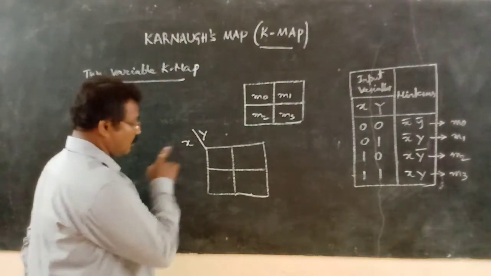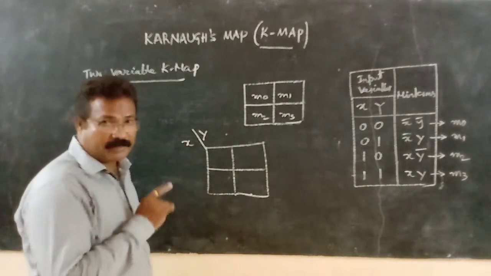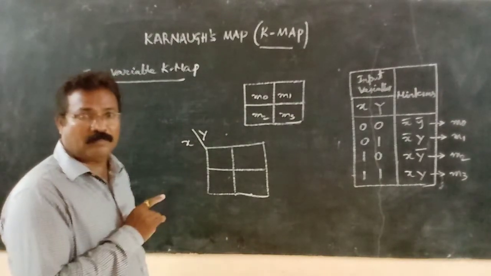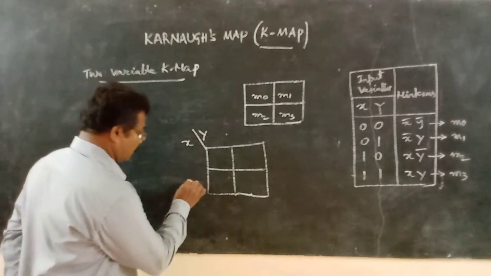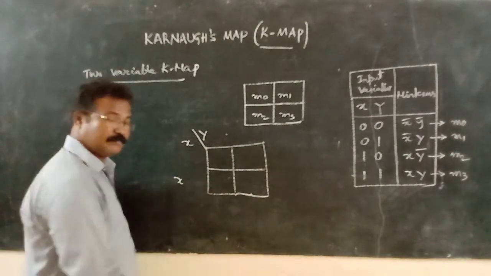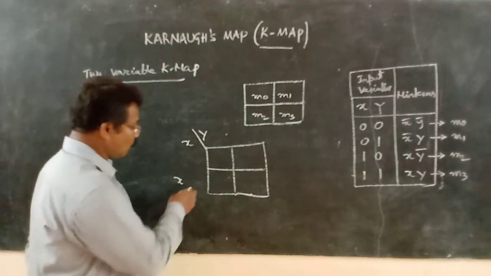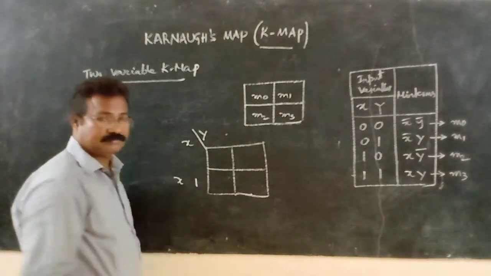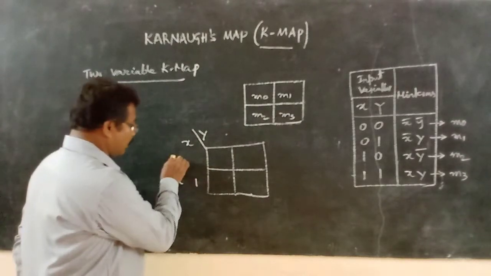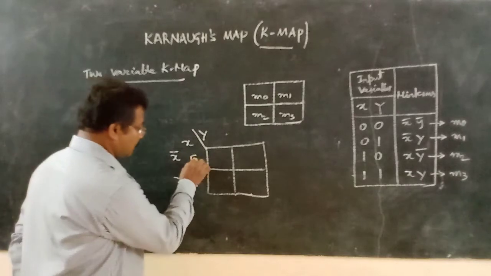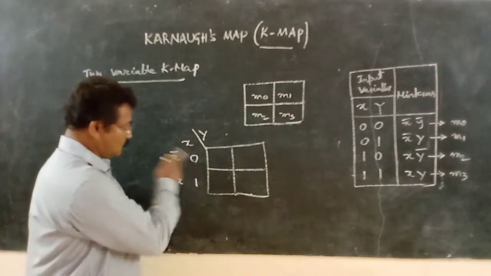Here you have to take the true form of the variable, that is x, as 1, and its complement form as 0.